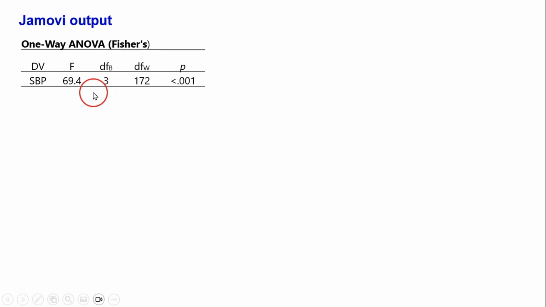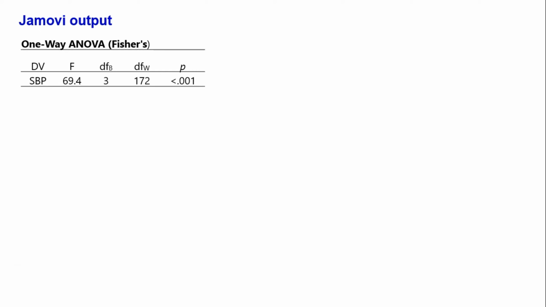So the output shows that there's your dependent variable, that's your systolic blood pressure. There's the F statistic right there. That's our signal to noise ratio. Okay? And that's our observed F ratio, and we would be able to look up or have the computer tell us what an appropriate critical F ratio would be.